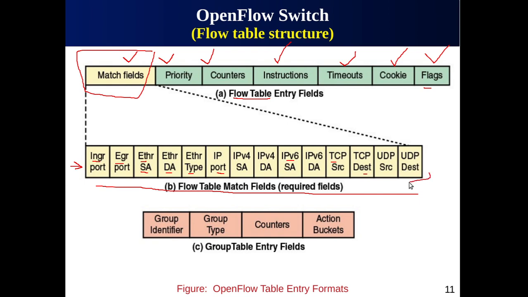You see, this is the information that comes from the upper layers. Header fields: ingress port, the identifier of the port on this switch on which the packet arrives, and egress, the identifier of the egress port. We will see the difference between ingress and egress in the next slide.